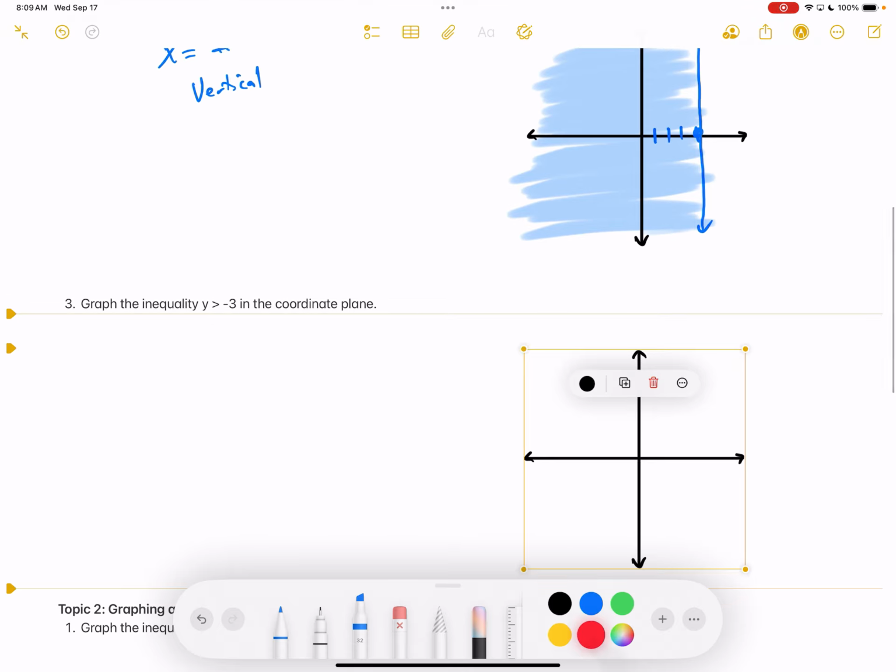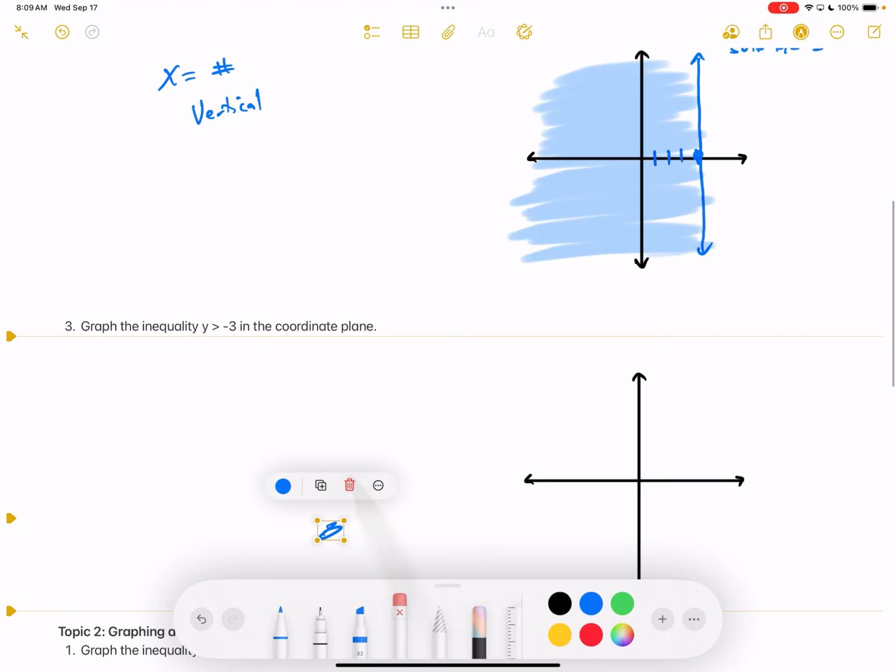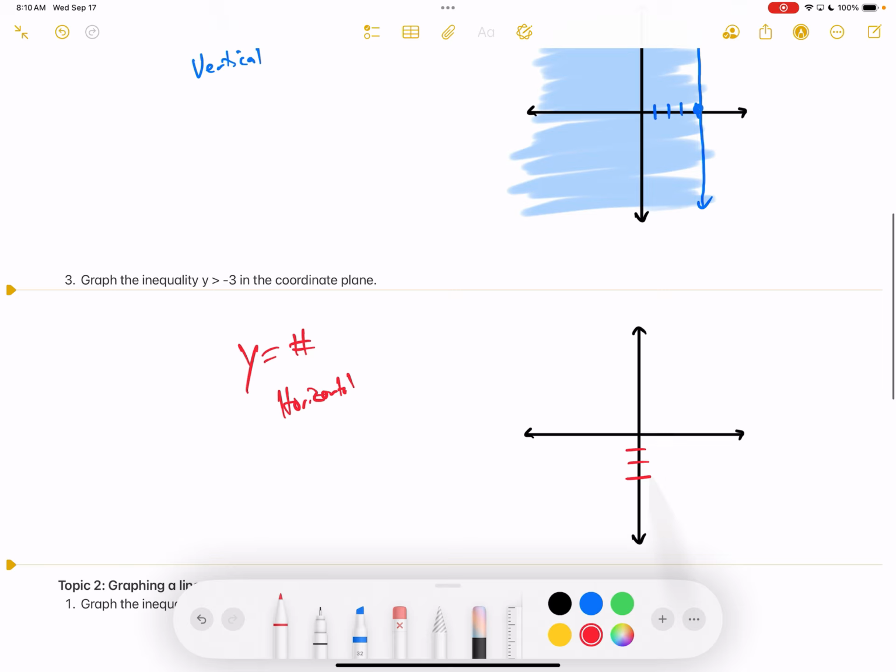Okay, so if x equals a number is vertical, then y equals a number is horizontal. So y equals any number is horizontal. So I go to y equals negative 3, 1, 2, 3. It says no matter what x is, y is always negative 3.